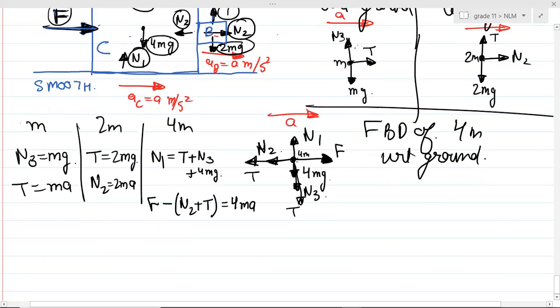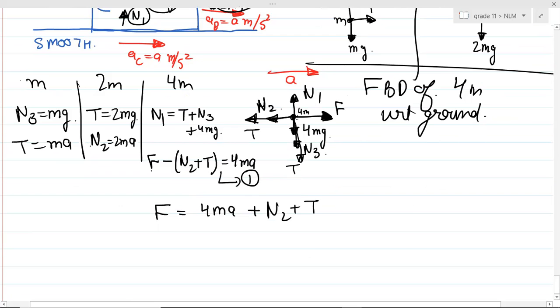Now let's solve them. What do you need to find out? You need to find out F. So F will be equal to 4ma plus N2 plus T. Yes or no, guys? With the help of this equation number 1, will we get this? Now I am solving the equation.